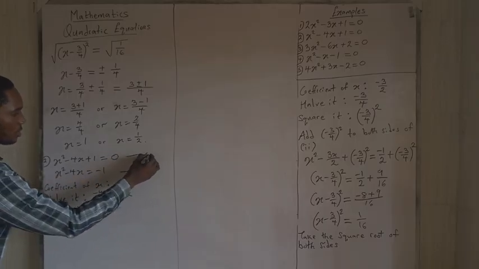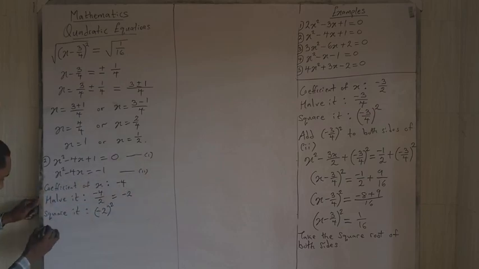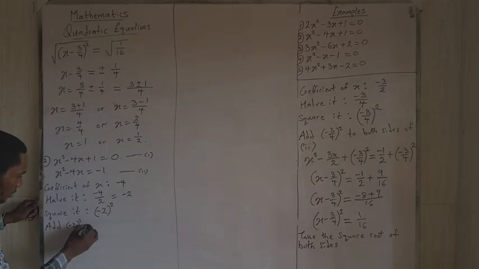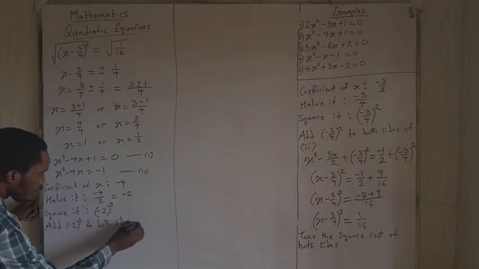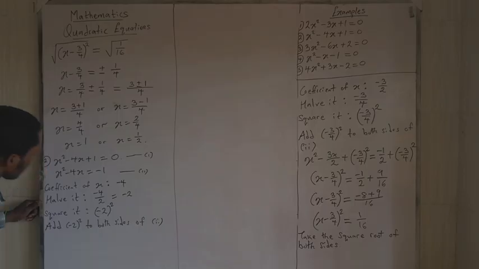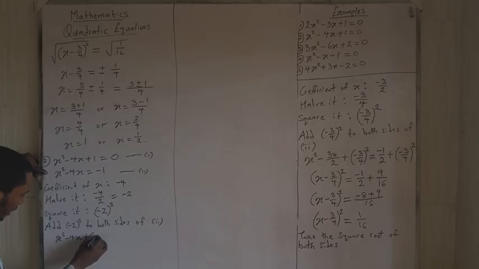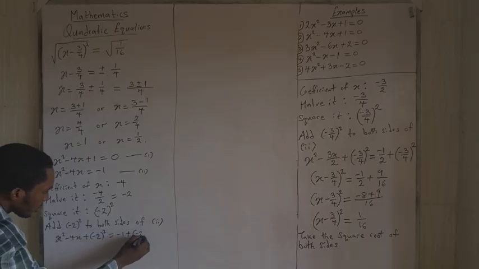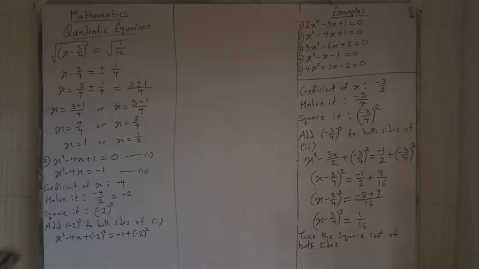Equation 2, equation 1. Add minus 2 squared to both sides of equation 1. x squared minus 4x plus (minus 2) squared is equal to minus 1 plus (minus 2) squared.